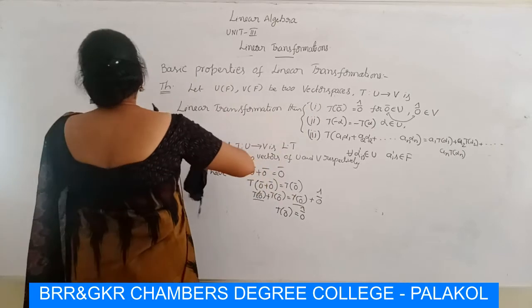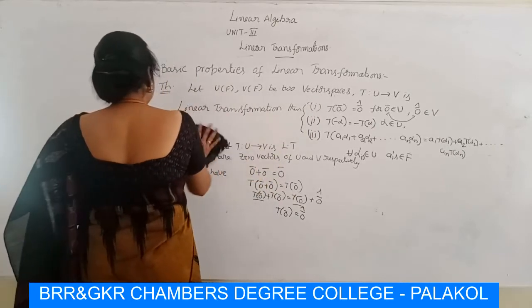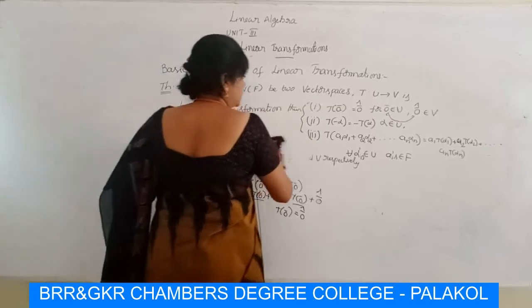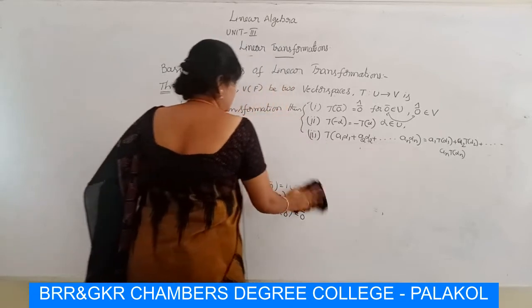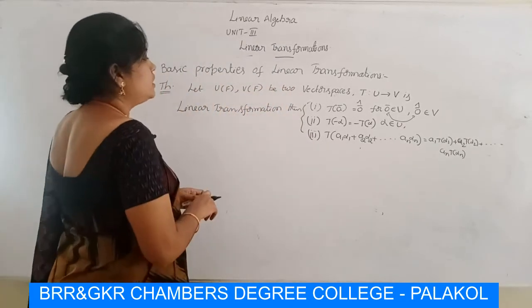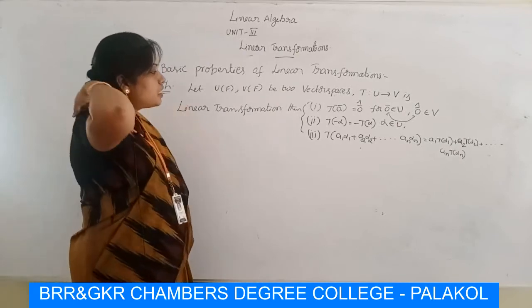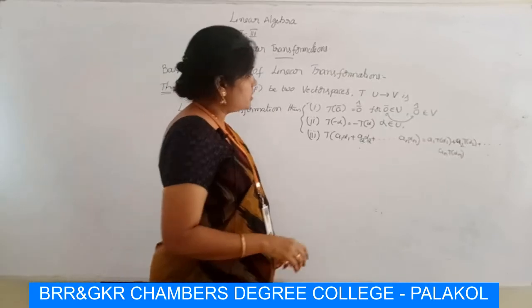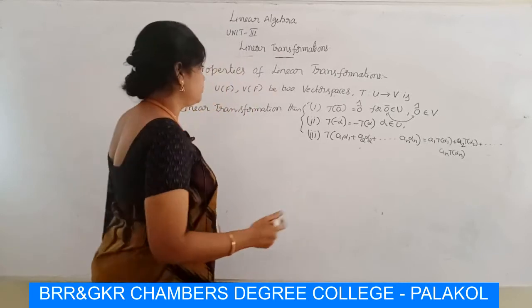Now second condition. What is the second condition? T of minus alpha is equal to minus of T of alpha.